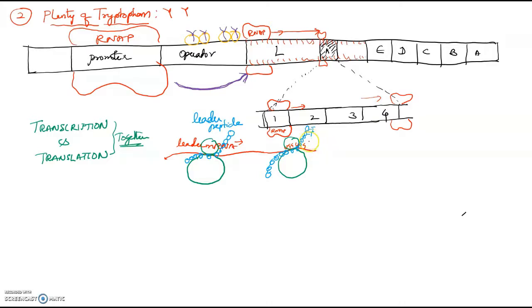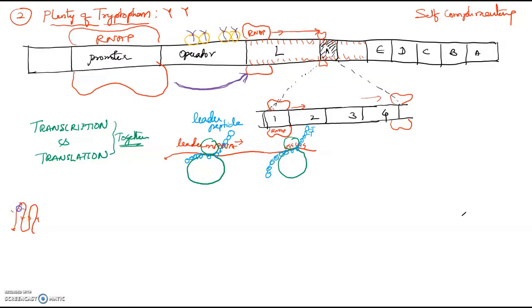So when the ribosome is present here, these 1, 2, 3, 4 segments are self-complementary. What I mean by that is, if you leave them free in the medium, they can form bends like this. Suppose this is region 1, this is region 2, this is 3, and this is 4.